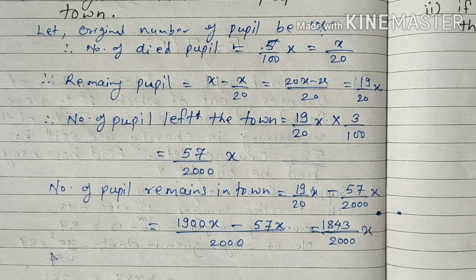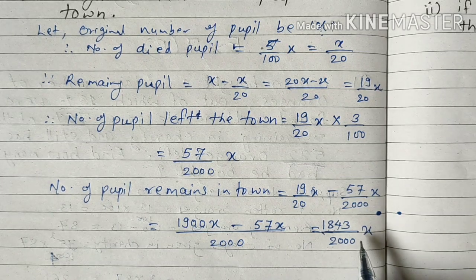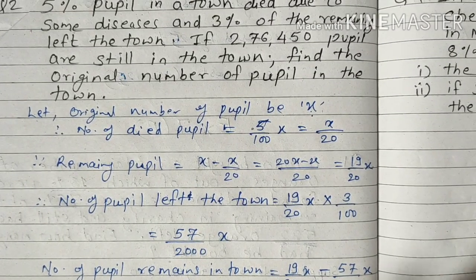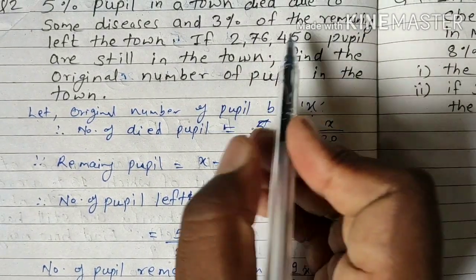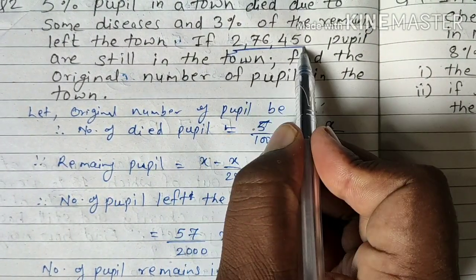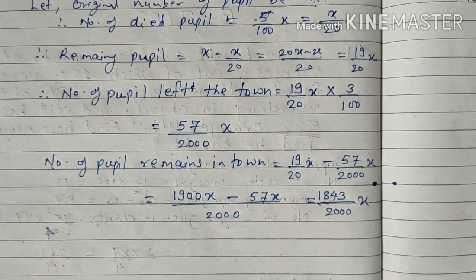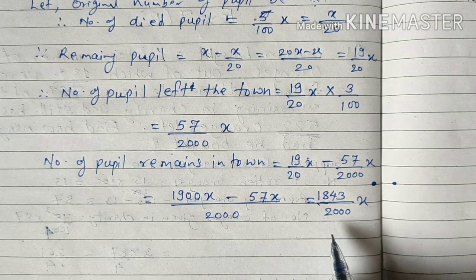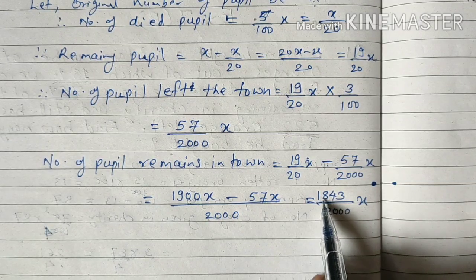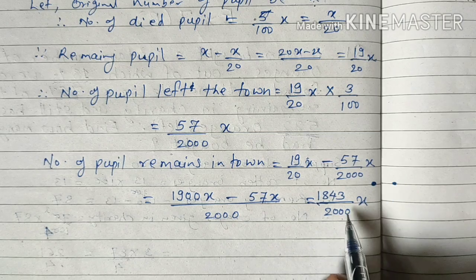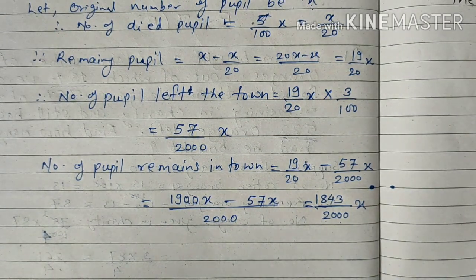Okay, now let us find out the number of people in our question. Now what they are saying, 2,76,450 people are still in the town. Now from our calculation, still how many people are there? 1843 upon 2000 X. So we can say that these two values are the same.